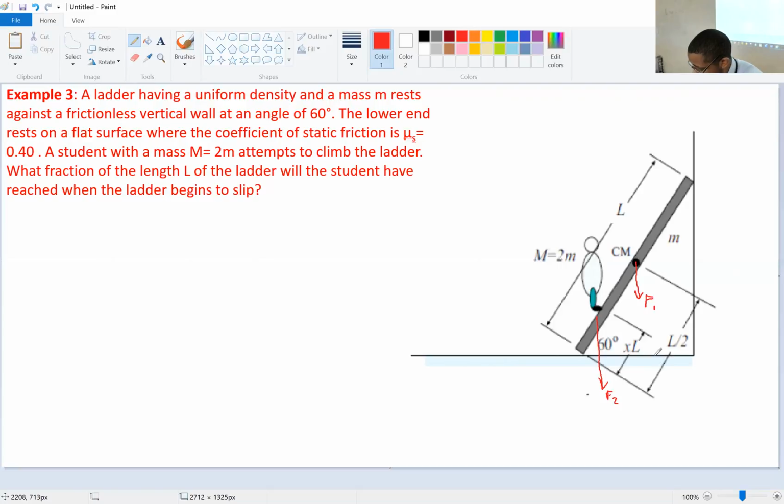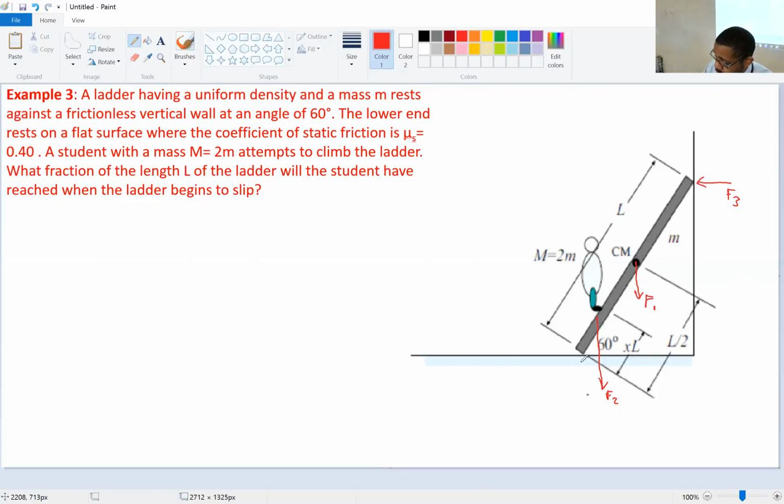And then it says in the problem that the wall doesn't have any friction, so it's not going to prevent this ladder from sliding at all. But it is exerting some kind of force, because if it weren't, it would be like there's nothing there, and this would fall over. It's really exerting a normal force. So let me label that as F3.